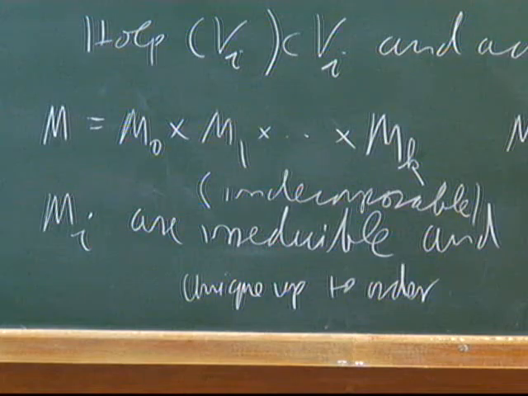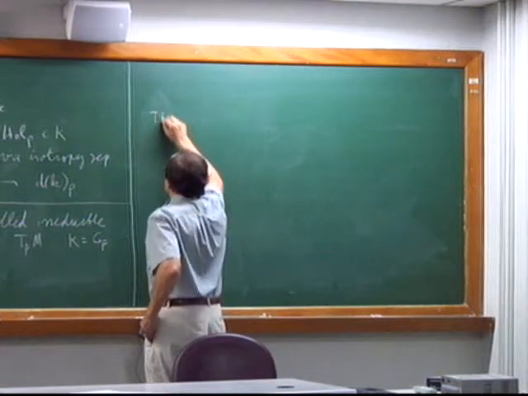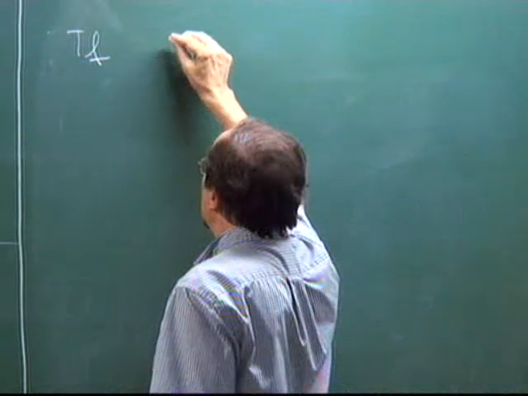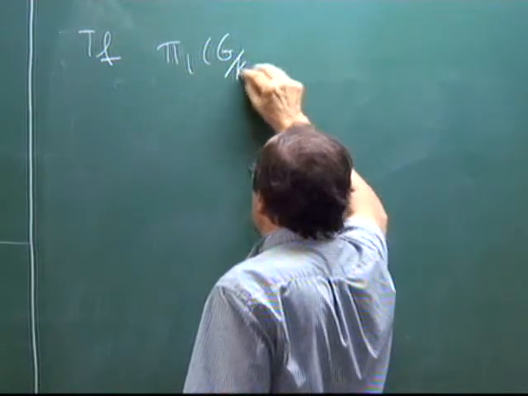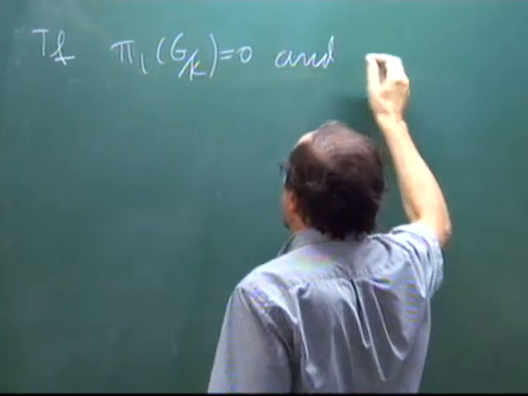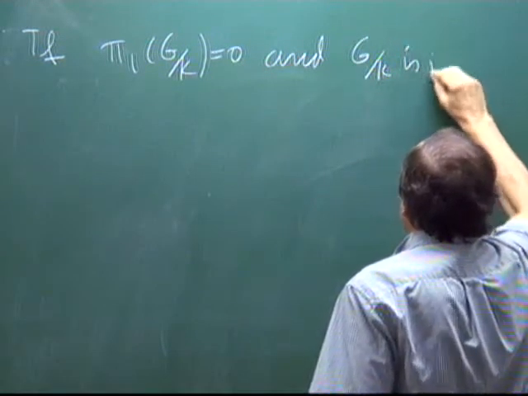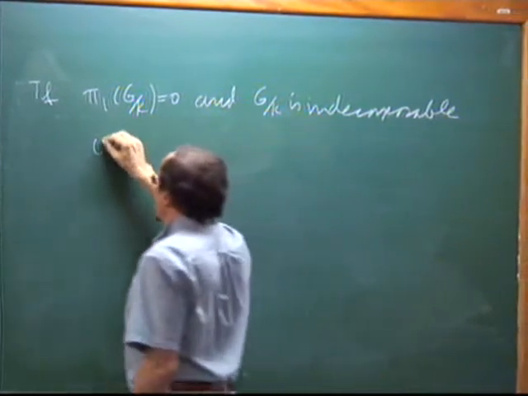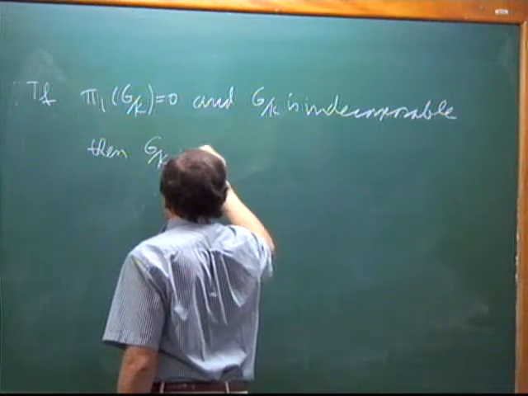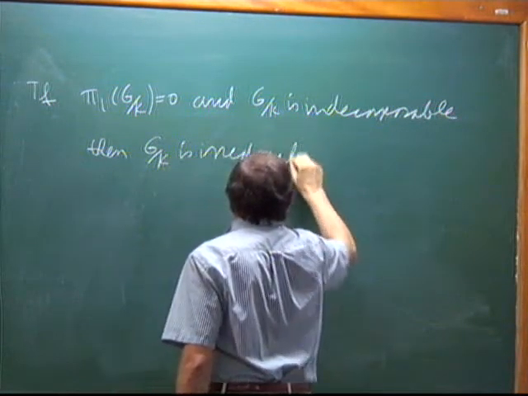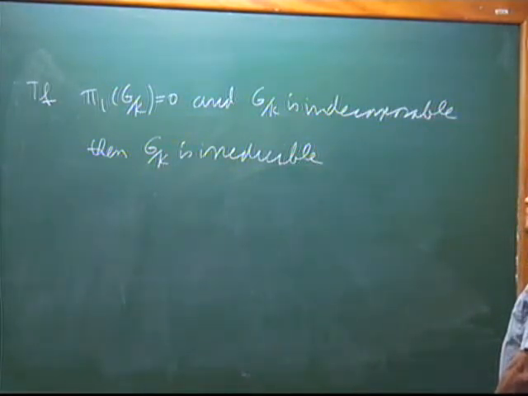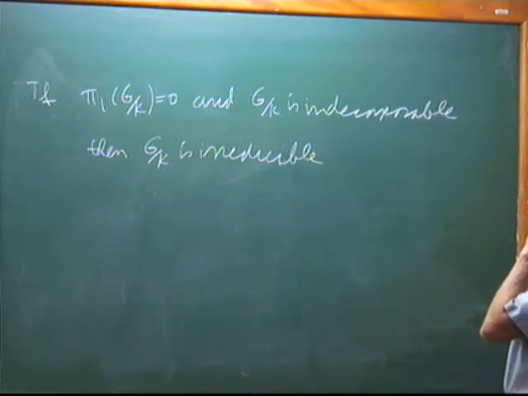First, notice that if the symmetric space is simply connected, and G mod K is indecomposable, then G mod K is irreducible. The other way around?